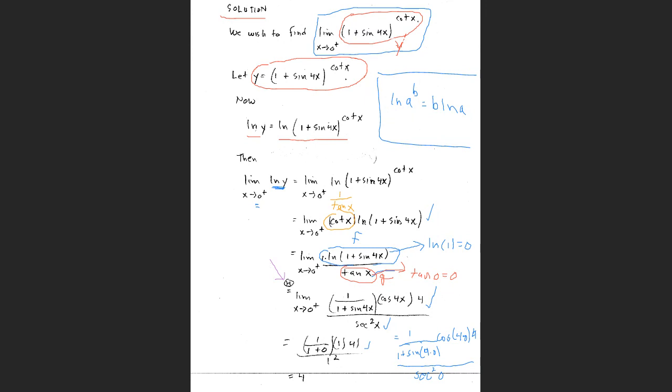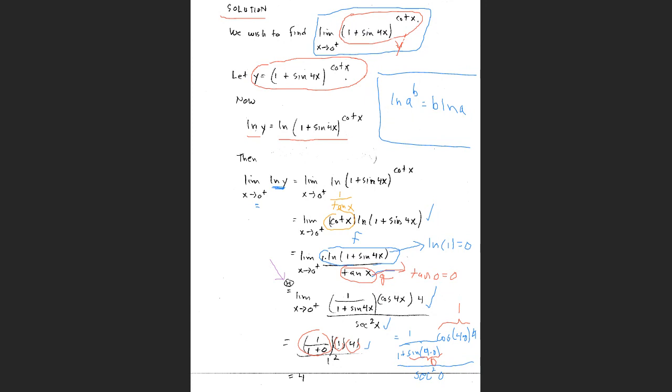Okay, so the cosine of 4 times 0 is just the cosine of 0, that's 1. The sine of 4 times 0 is just 0, sorry. So I'm going to get 1 over 1 plus 0 here, times 1 times 4, all in the numerator.